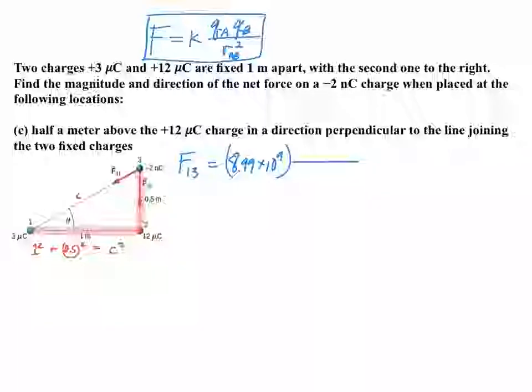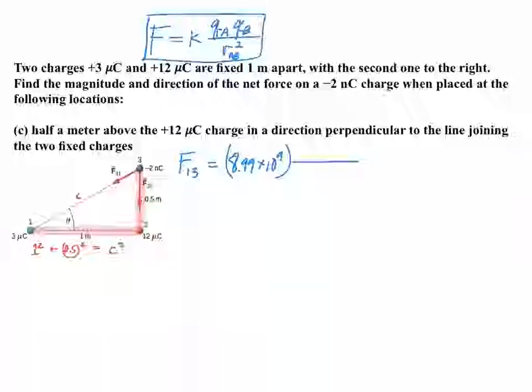Well, guess what we want in Coulomb's law? We want that length squared. So really what it comes down to is that I'm going to get 1.25. Isn't 1 squared plus 0.5 squared 1.25?